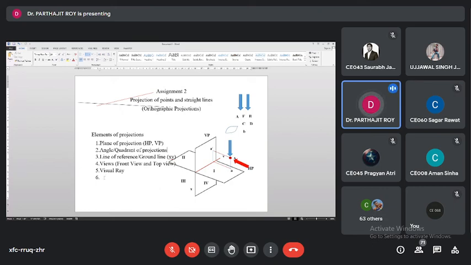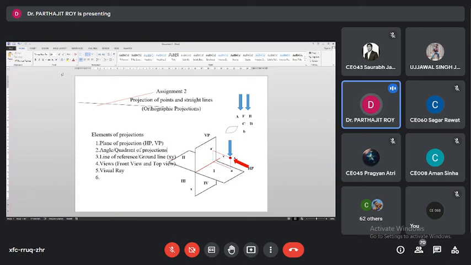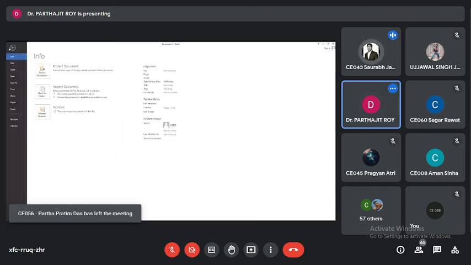From serial number 6 onwards, we'll see in the afternoon class. Then I'll give you two, three simple problems for which you have to draw the projections. Clear? Okay, sir. Let's stop here. Thank you, sir.